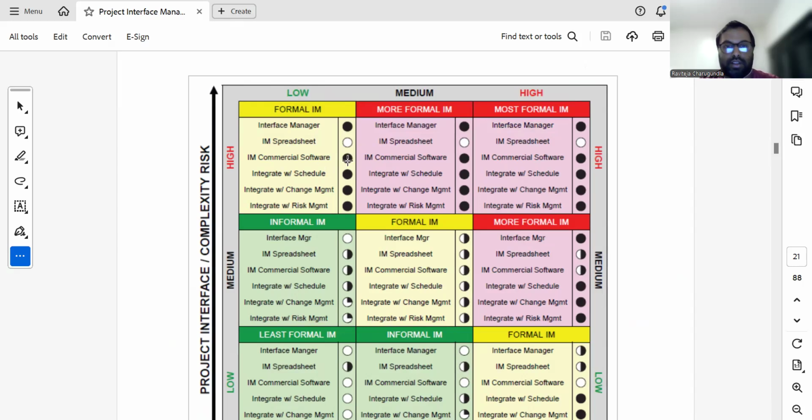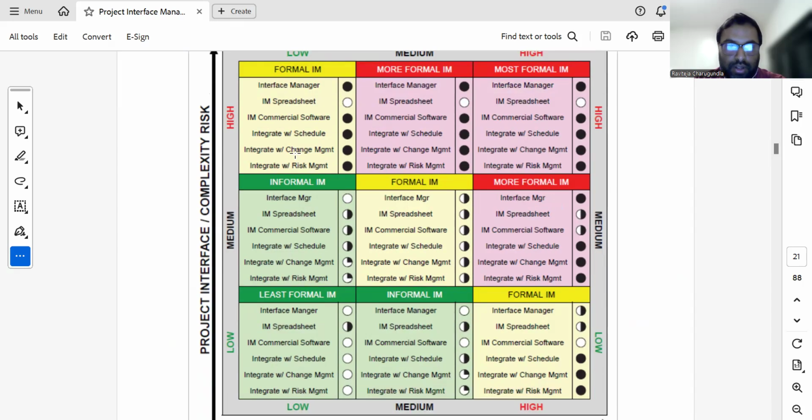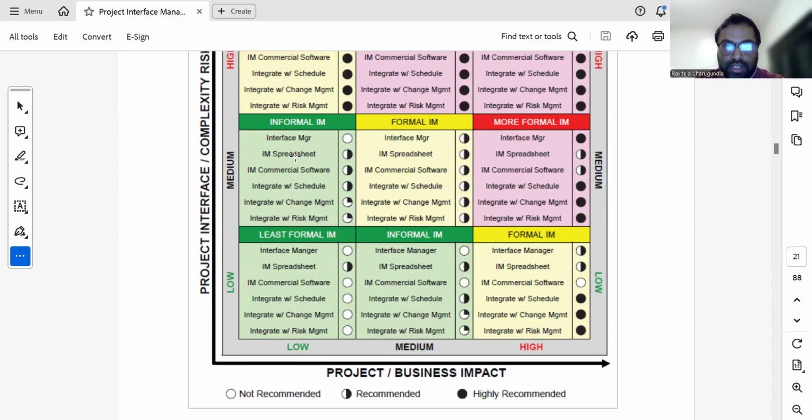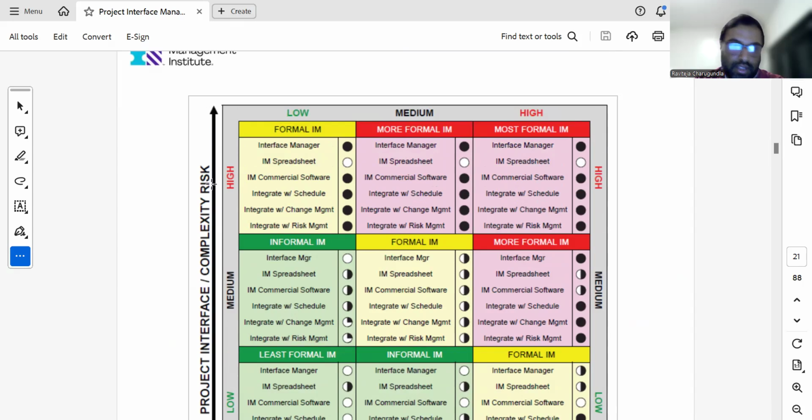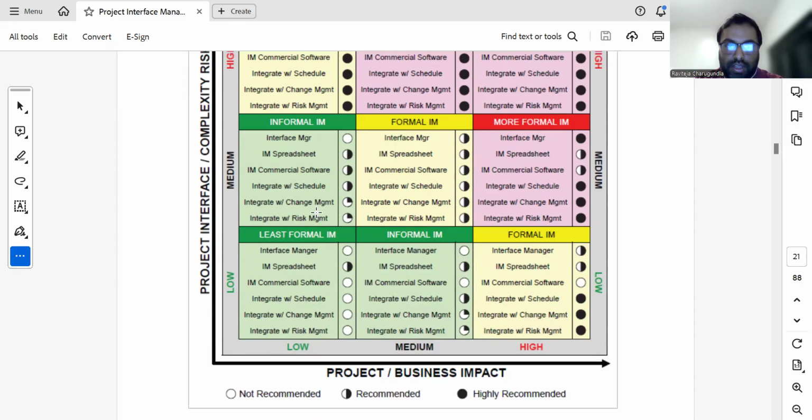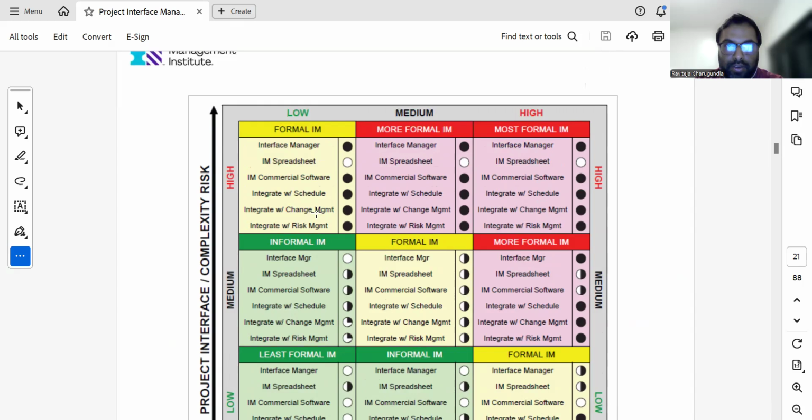If you look at the diagram, especially the project interfaces and the project business impact, say the project interface complexity is high and the project business impact is high.